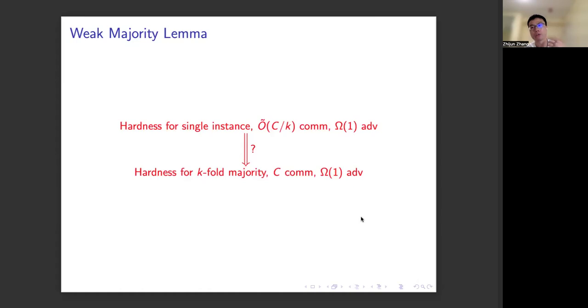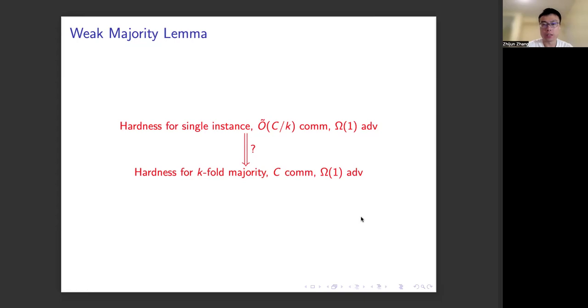So if we rephrase it in terms of hardness: if we know it's hard to compute a single instance with some computation and constant advantage, then it's also hard to compute the k-fold majority of the same problem with roughly k times the computation and constant advantage.